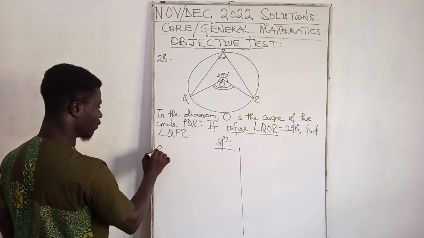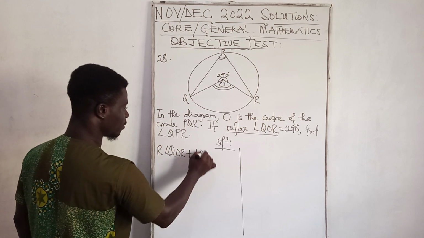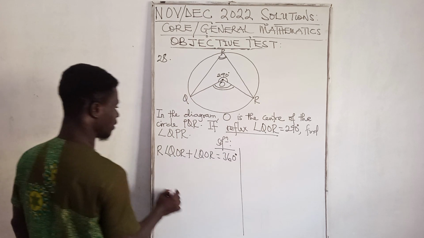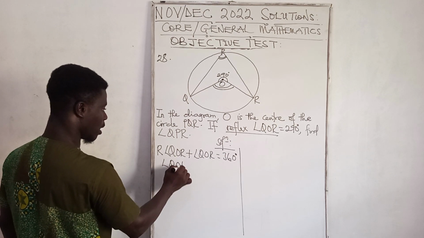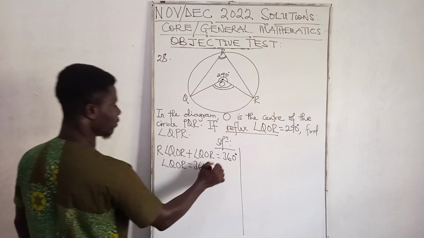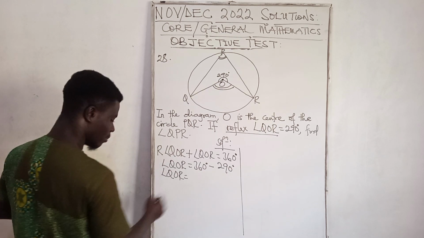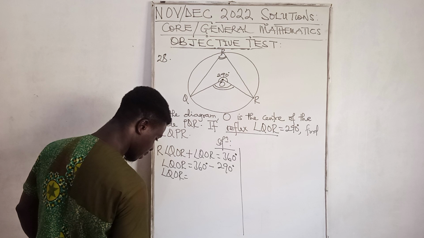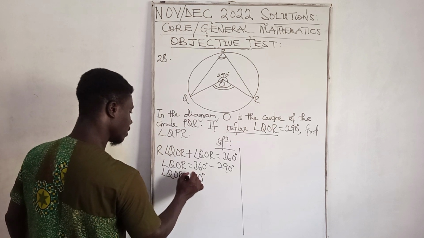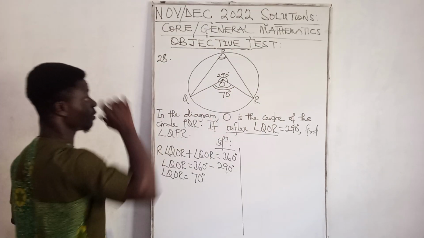So reflex angle QOR plus angle QOR equals 360 degrees. So angle QOR equals 360 degrees minus 290 degrees, which is 70 degrees. So I have here 70 degrees.